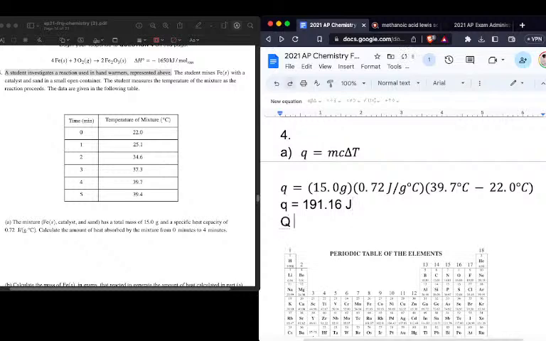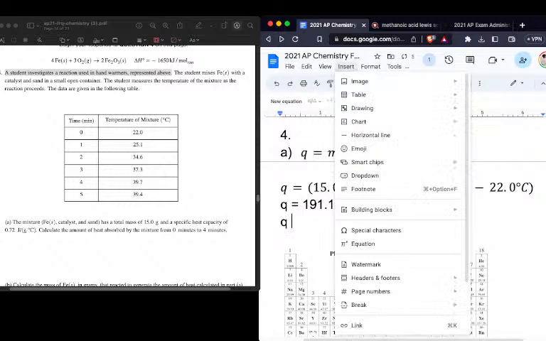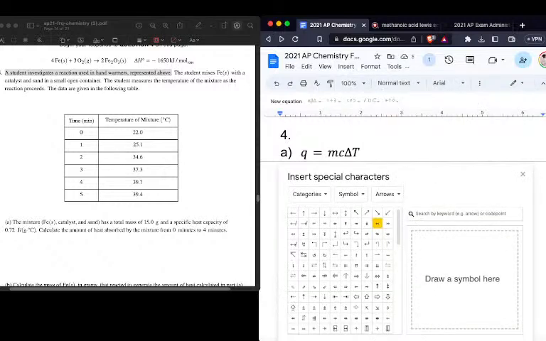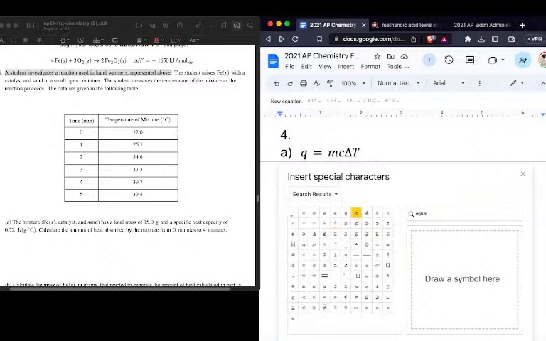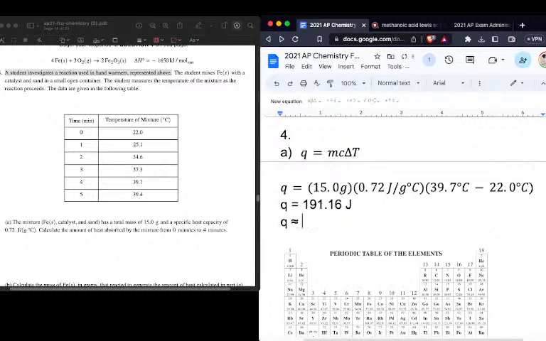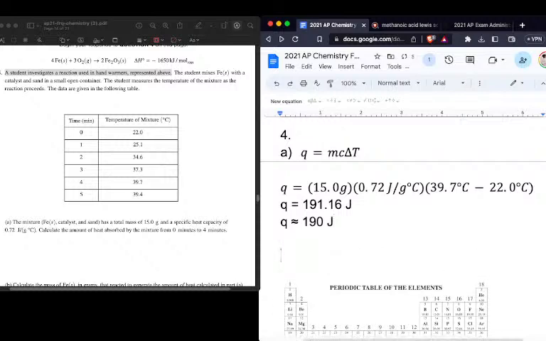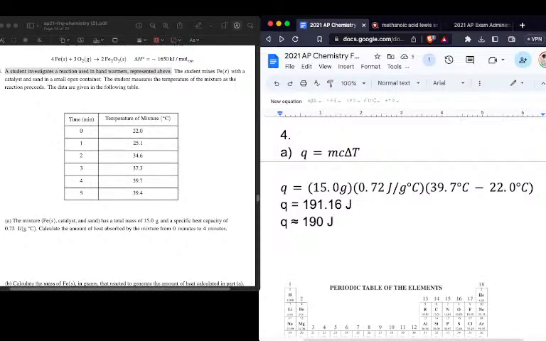My Q, man, autocorrect is killing me today, is approximately 3 sig figs, 2 sig figs on the heat capacity. Wonder if that's a test. It's about 190 joules of heat that's been released.